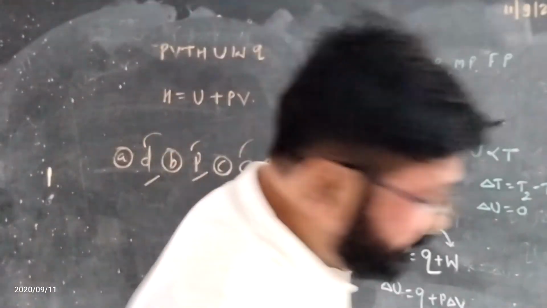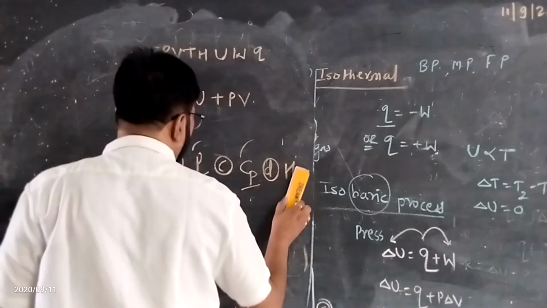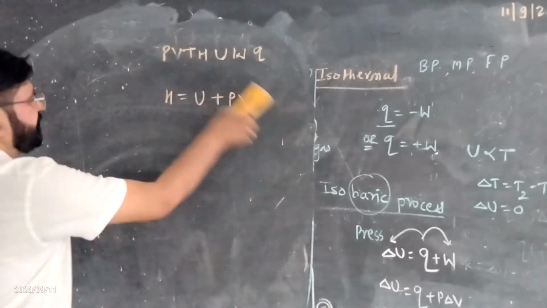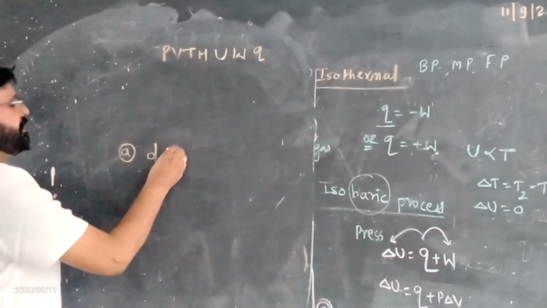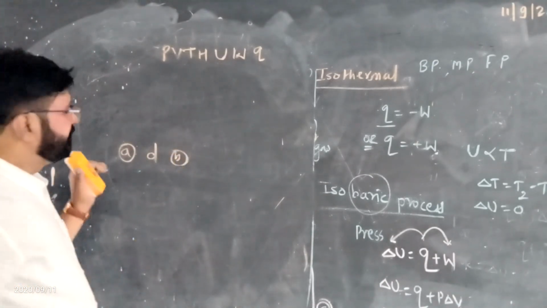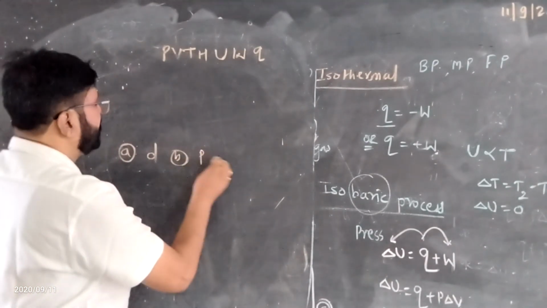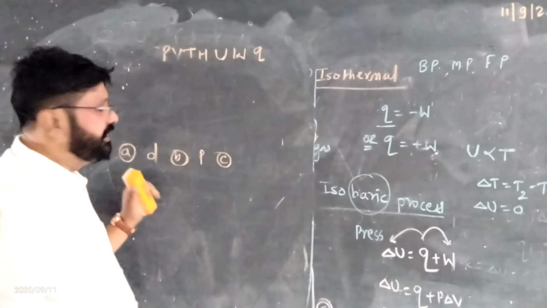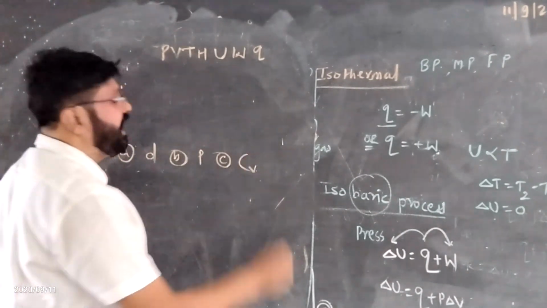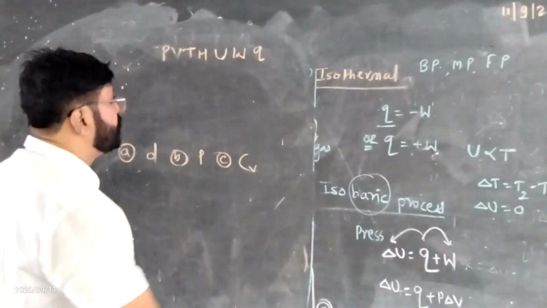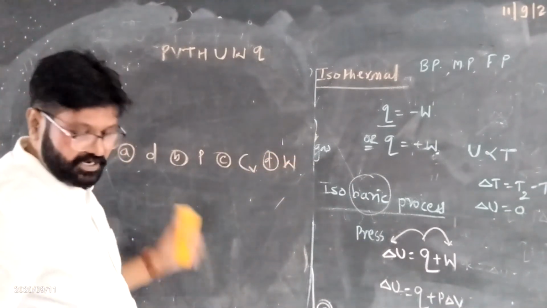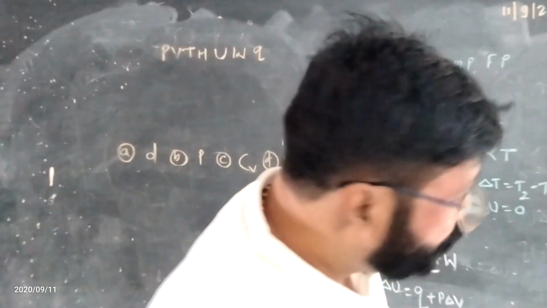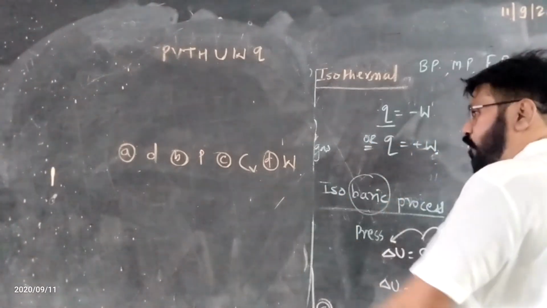Now consider another MCQ. The first option is density, second option is pressure, third option is molar heat capacity at constant volume, and D is the work done, W. Now look at this MCQ, there are four options.